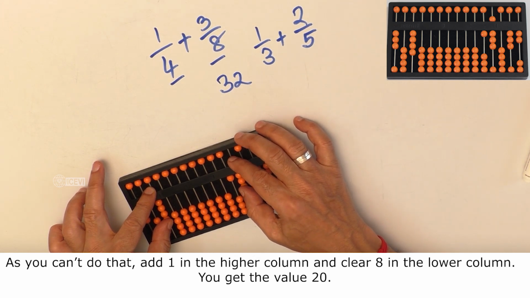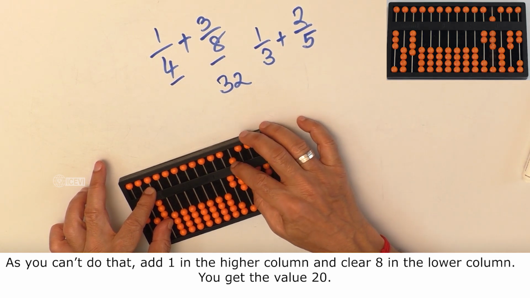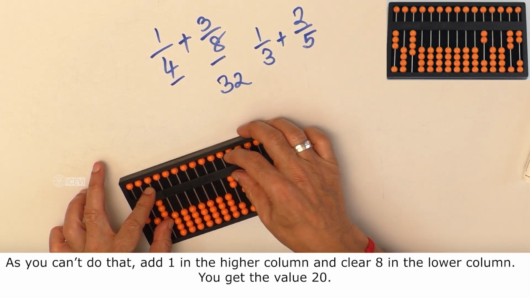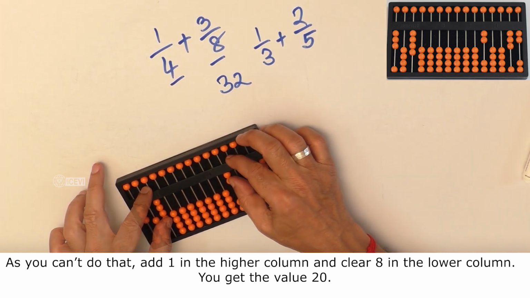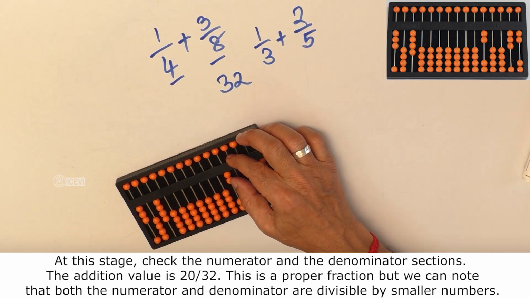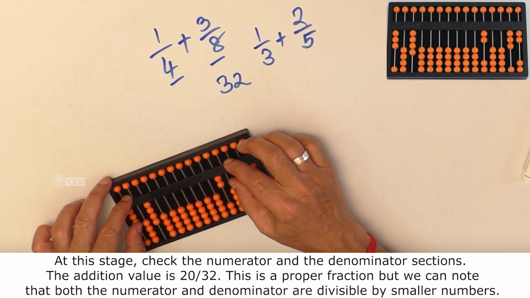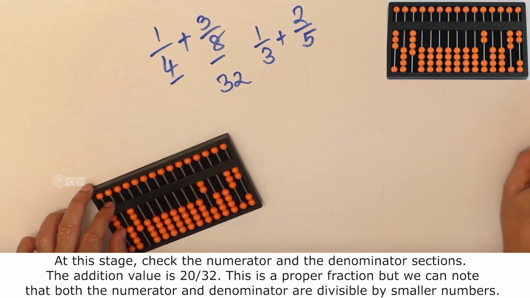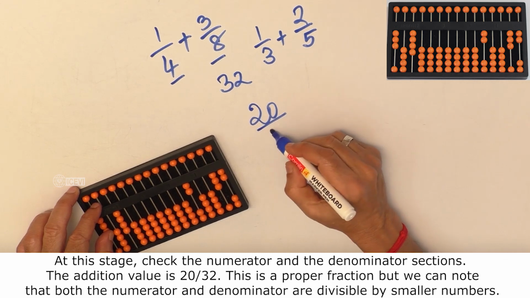As you can't do that, add 1 in the higher column and clear 8 in the lower column. You get the value 20. At this stage, check the numerator and the denominator sections. The addition value is 20 by 32.